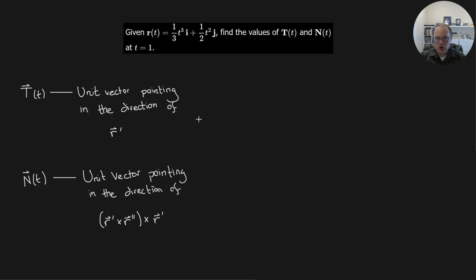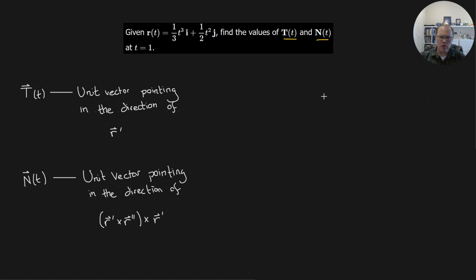Okay, so rather than thinking about this as a curve in 2D space, we'll think about it as a curve in 3D space, but one that lives only in the XY plane. Okay? Now, we won't deal with that until we get to this part. All right? For now, let's start by finding the unit tangent vector.